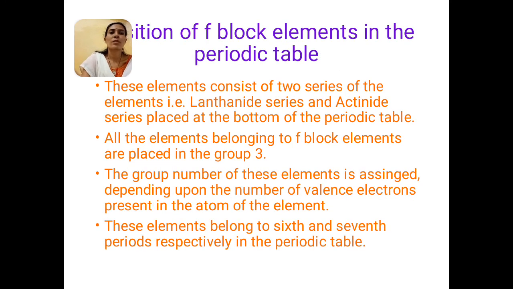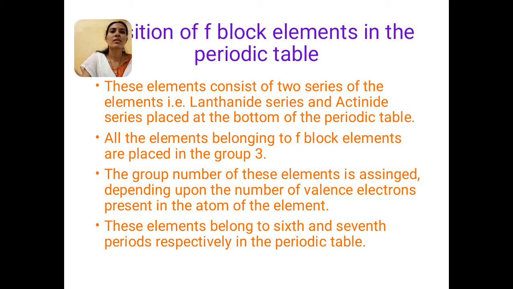Position of F block elements in the periodic table. These elements consist of two series, that is lanthanide and actinide series, and both the series are placed at the bottom of the periodic table. All the elements from F block are placed in the group number 3.